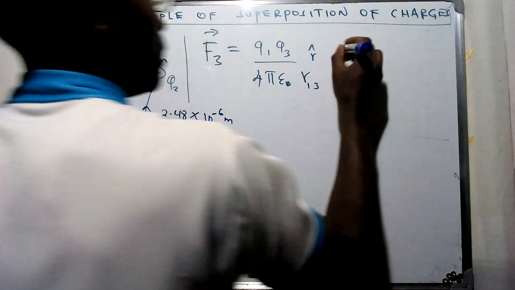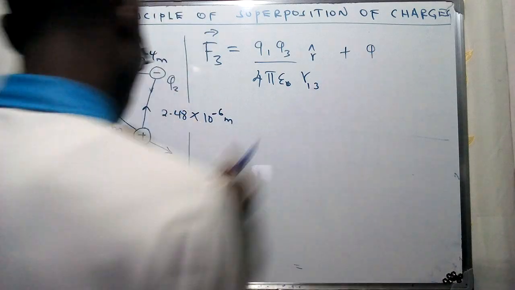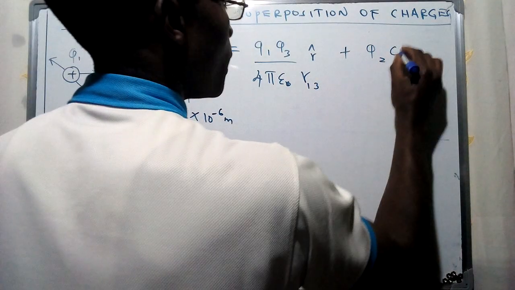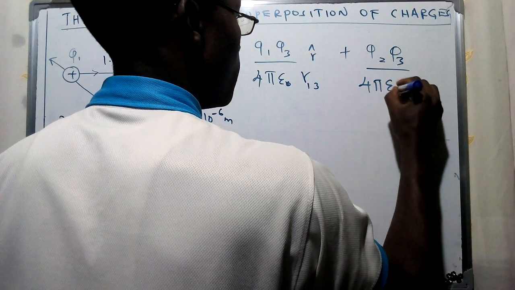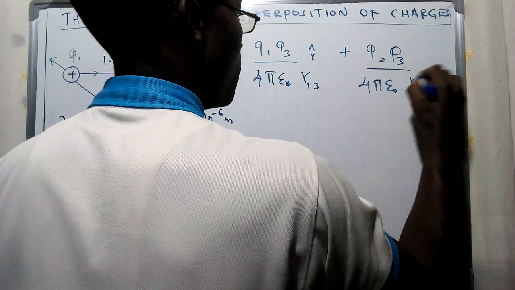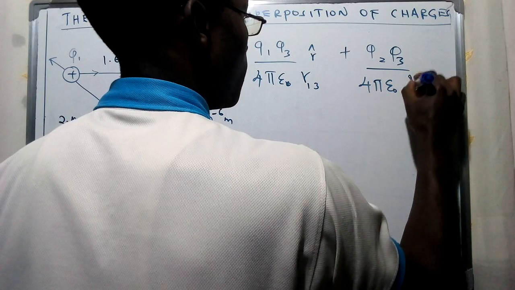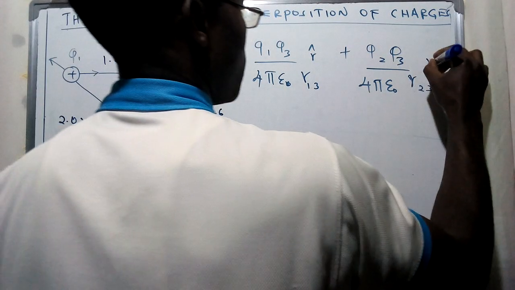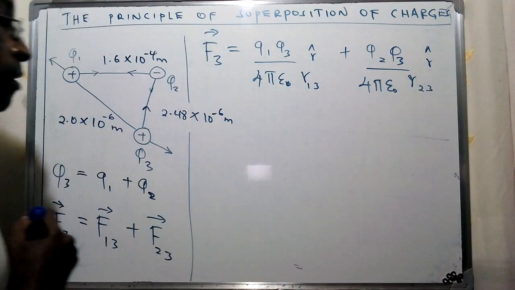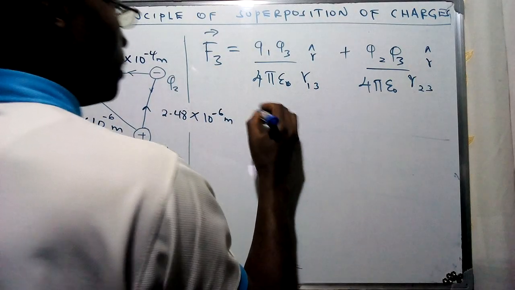Then we're going to have the sum of that with Q2 and Q3, also over this Coulomb's constant and R3 on 2. This is the distance of separation between 3 and 2, given as such in that specific direction, as we have said.